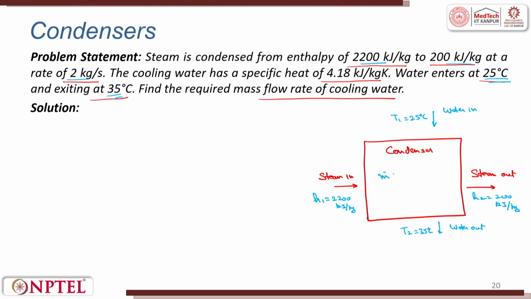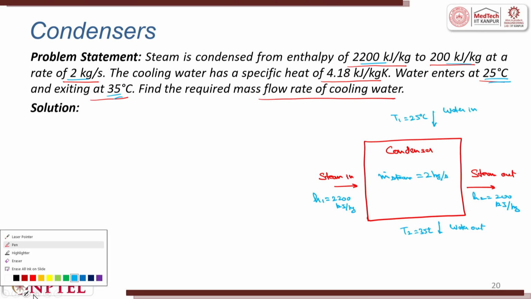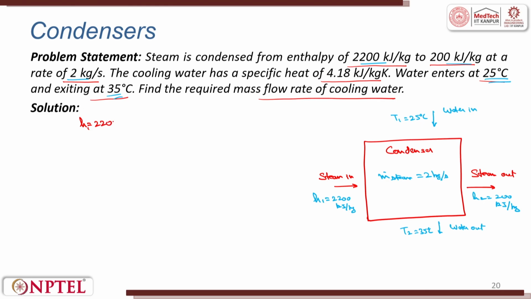I'll put m dot for steam as 2 kg per second. So let me put all the variables which are given. We have H1 as 2200 kilojoules per kg, H2 as 200 kilojoules per kg.